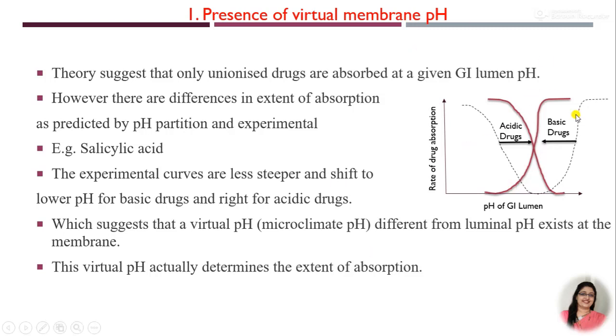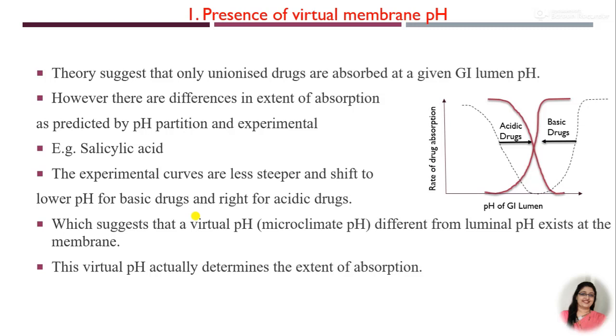Now this shifting of the curves from their predicted value from the pH partition hypothesis suggests that a virtual pH, which is also called a microclimate pH, that is different from the luminal pH, exists at the membrane.